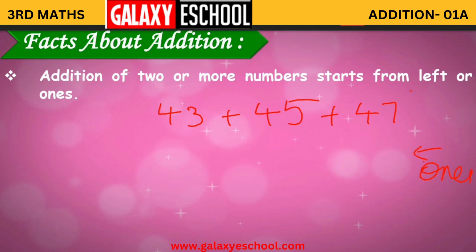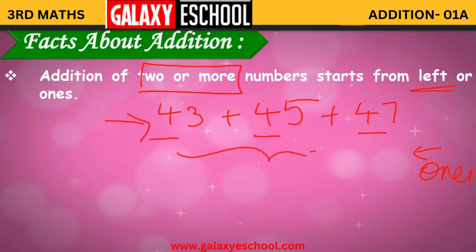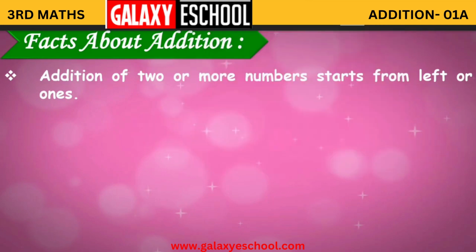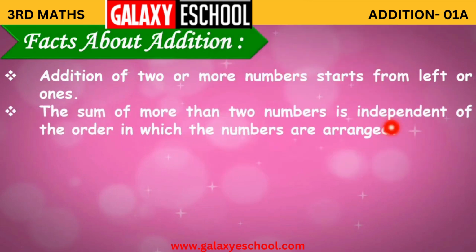But we can start adding from the left as well. So when we are having two or more numbers, addition can be done either from the left or from the ones. Children, however you are convenient, you can start adding the numbers.